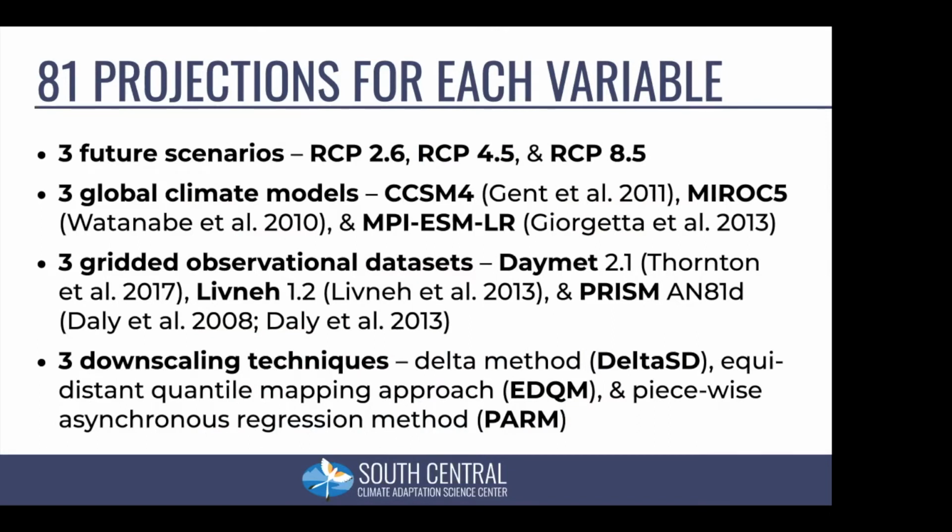And finally, the three downscaling techniques that we chose are of different families of techniques that have been widely used throughout the literature. They don't represent every downscaling approach, but each has unique features that make them useful in different situations. In the end, our ensemble-based approach results in 81 climate projections for each of our three variables.